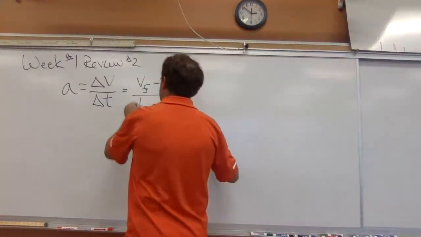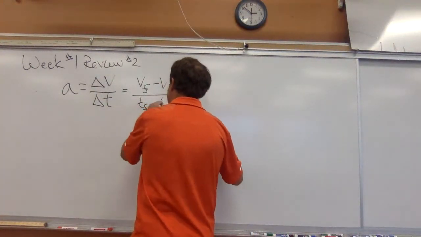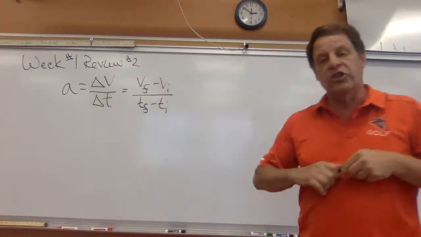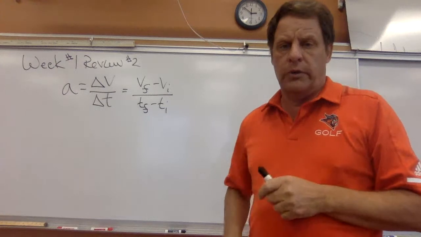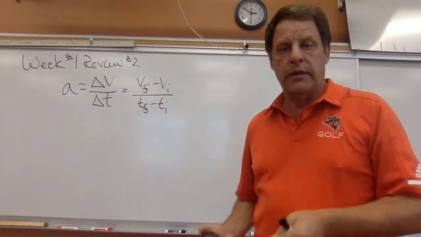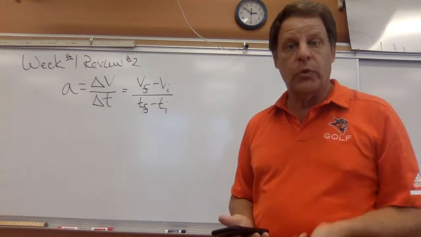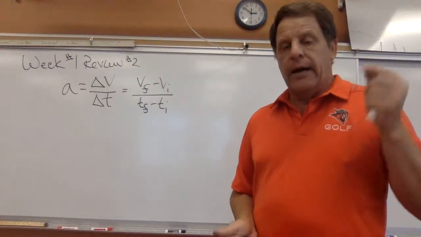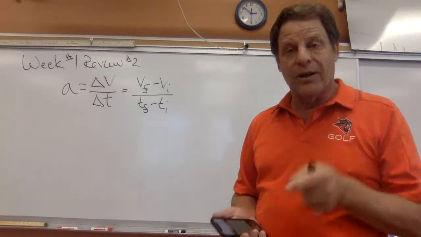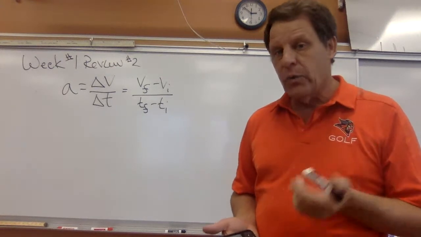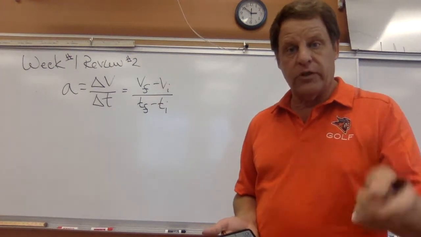Now, we're going to divide that by T final minus T initial. Now, unlike some of these things, almost always, when we are talking about timing something, if I'm going to run a race, for example, I am going to be on the start line and I am going to push my start button. I'm not going to wait 5 seconds before I start to run.